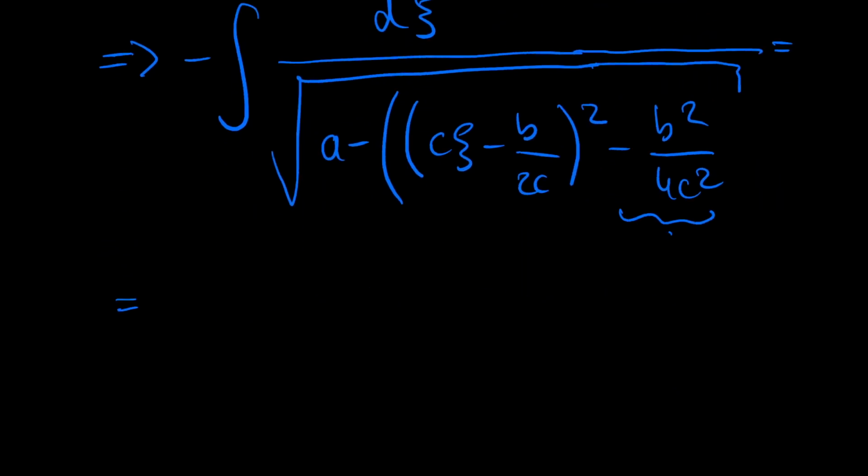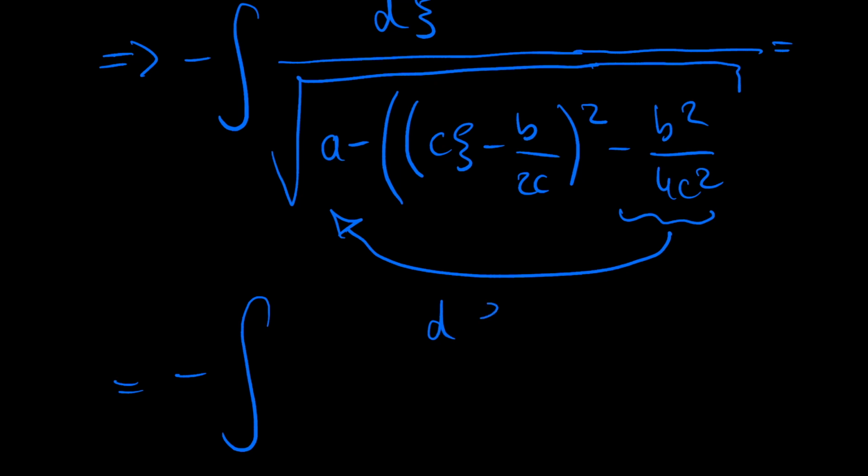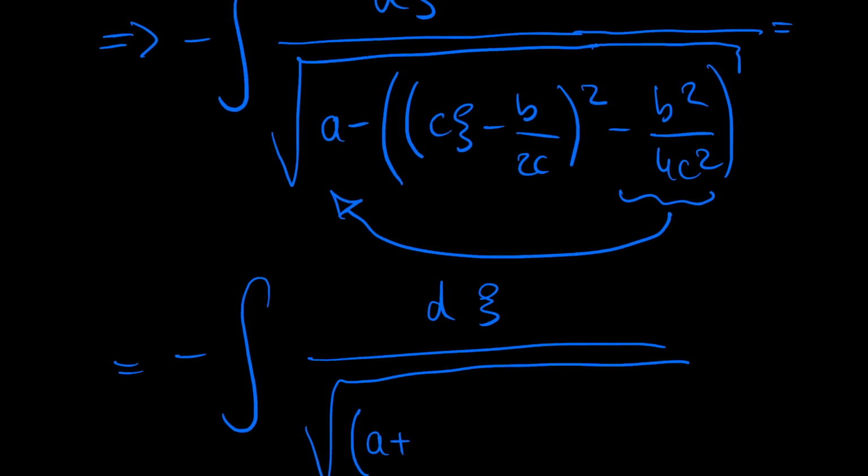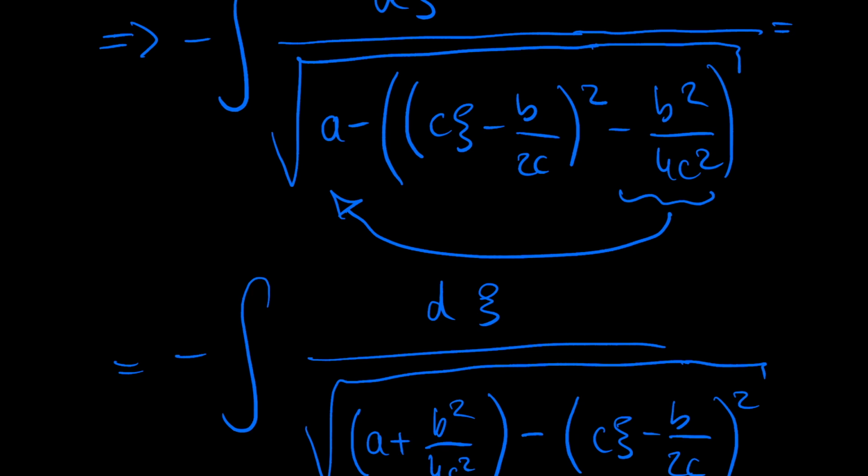So what are we gonna do now? Well, this here is a constant, so we put that to this side here, and then what we get is minus the integral of d psi divided by the square root of, we have a plus b squared divided by 4c squared, brackets close, and then minus the whole c psi minus b divided by 2c in brackets squared.